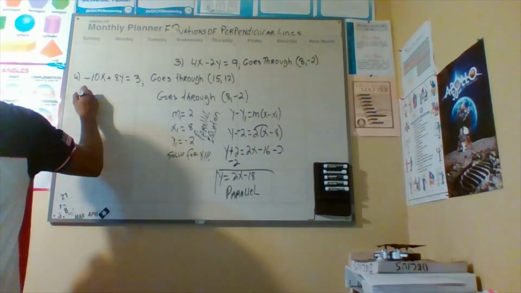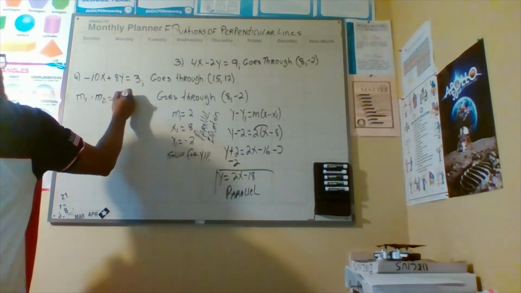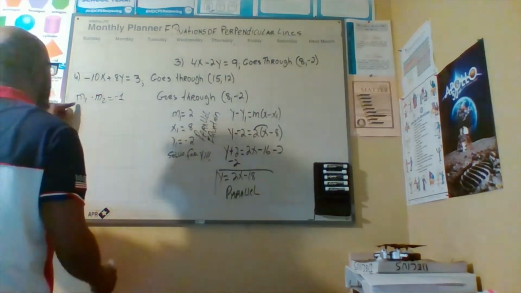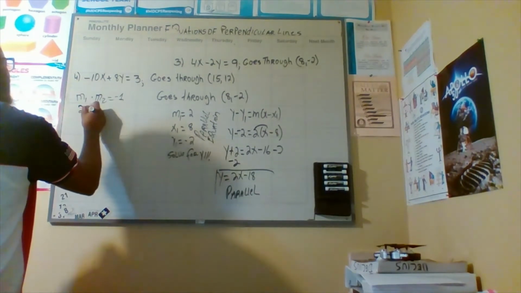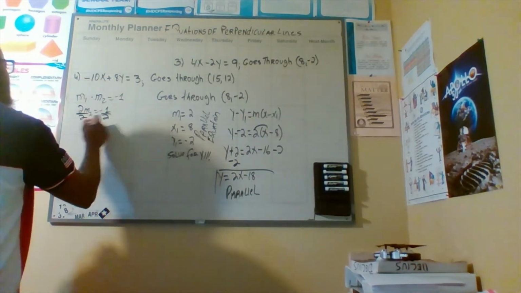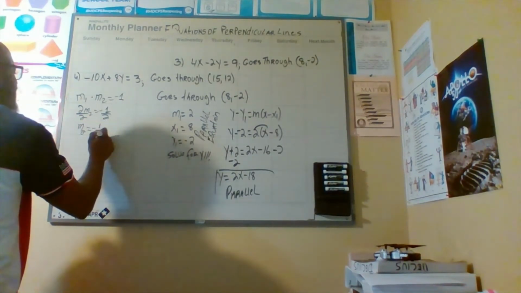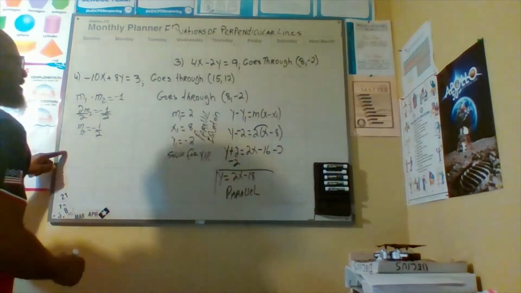In this case, this slope that is perpendicular is -1/2. And remember, x1 was 8 and y1 was -2, and we're solving for y. This is for perpendicular.